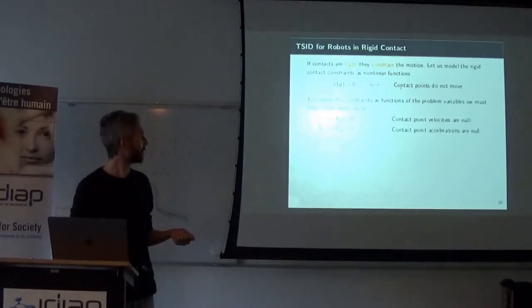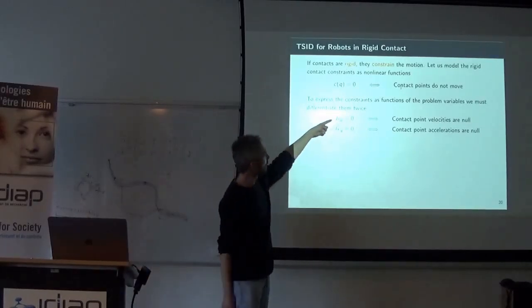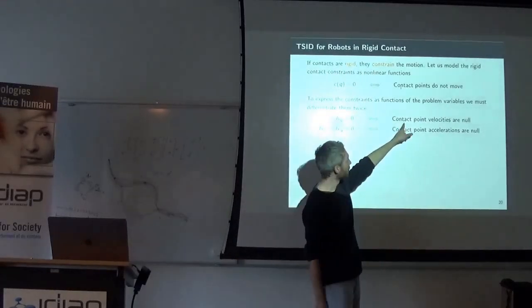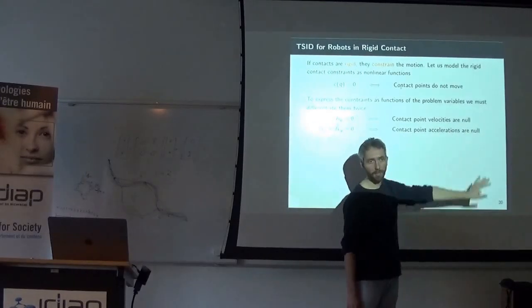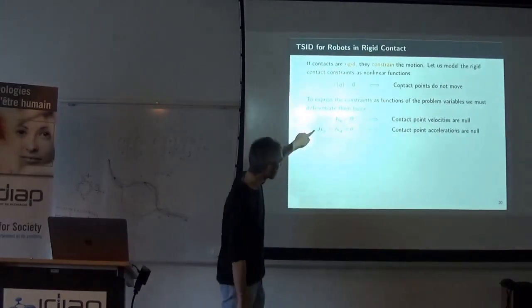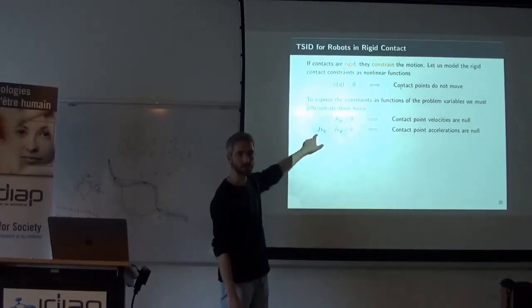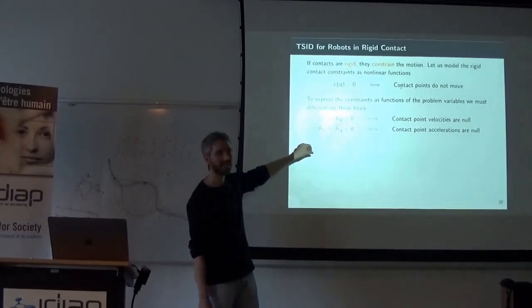So we derive it once, and we get this. And what does it mean? It means the velocities of the contact points are null. And then we derive it a second time, and we get this. Maybe you're familiar with that. It would be really helpful if you're familiar with that.